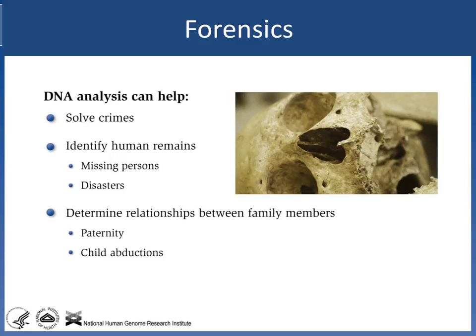Okay, so we can use this information to actually identify people. This is where DNA analysis comes in. We can use it to identify crime victims, perpetrators, human remains from missing persons or disasters, and we can determine relationships between family members in terms of paternity and missing children and whether they've been abducted or not.